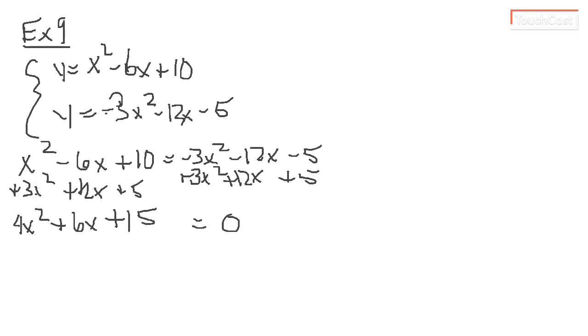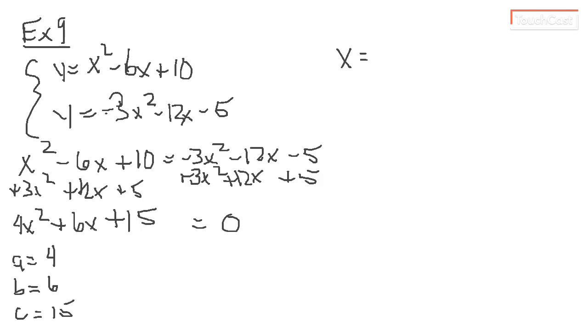This one I know I can't factor. So I'm going to use the quadratic formula to solve this. I'm going to first identify my a, b, and c. A is always in front of x squared, b is in front of x, and c is our constant at the end.